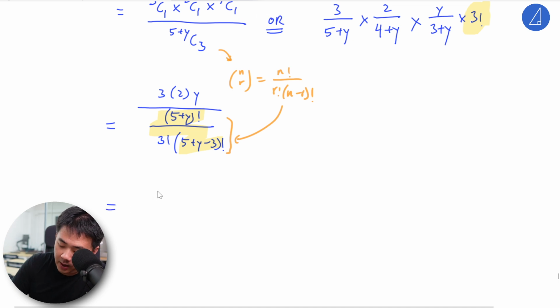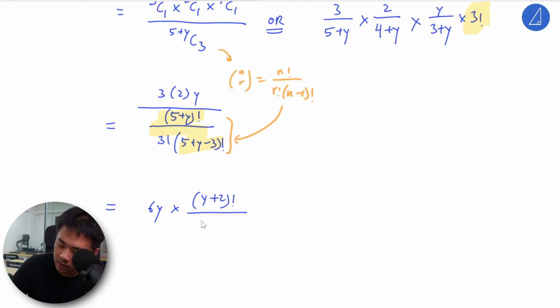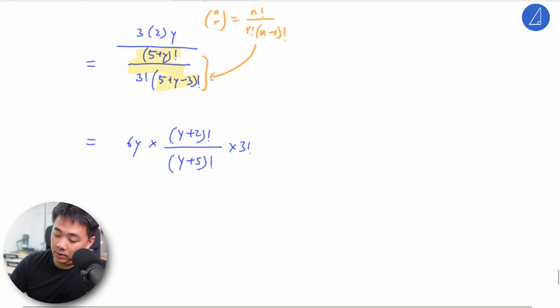This one will be 6y. Maybe I put the 6y on top because it's too messy. This is y plus 2 factorial. We just practice manipulating. So this is what you do.